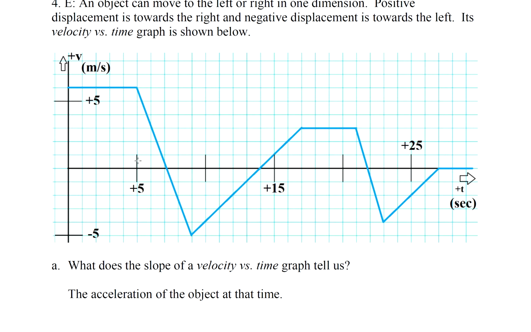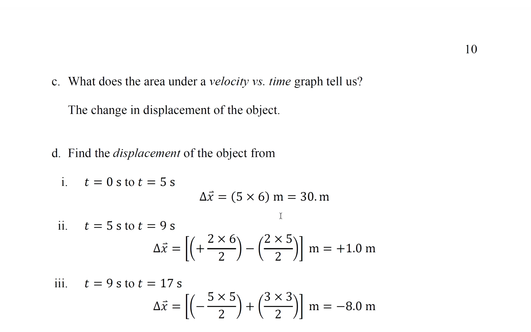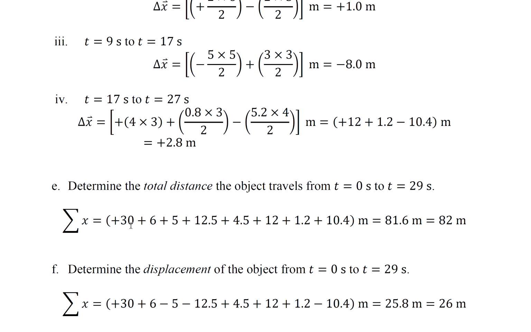So here we have 5 times 6, then 1/2 base times height, 1/2 2 times 6, then 1/2 7 times 5. We just take the area under the graph. And that's what we do here.